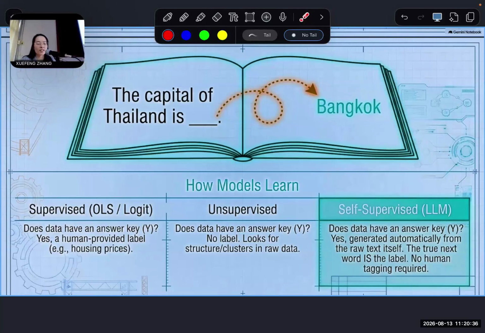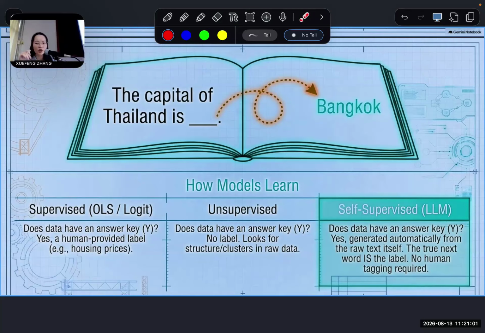We learned OLS. In OLS, does the data have an answer key? Yes, it has an answer key that a human provided, like someone recording the actual housing price. So this is supervised learning.